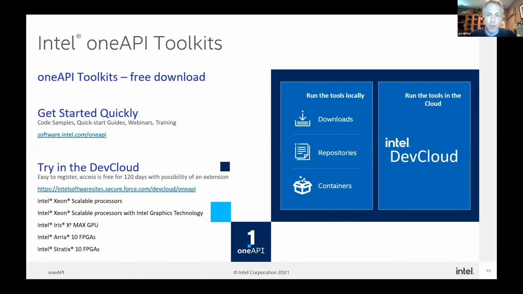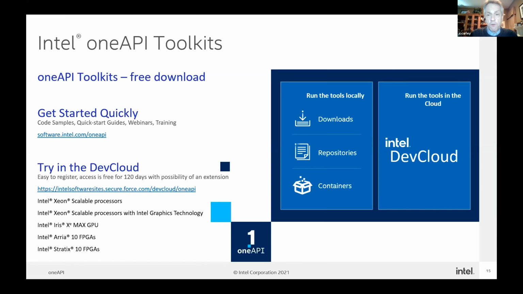So we've talked a little about the vision and a little about what we include inside the initiative, why we're trying to do it, and how we're implementing our first product. If any of this is interesting, we have multiple ways for you to test this out for yourself. One of them is to go to the Intel website, software.intel.com, oneAPI, and grab the tools.